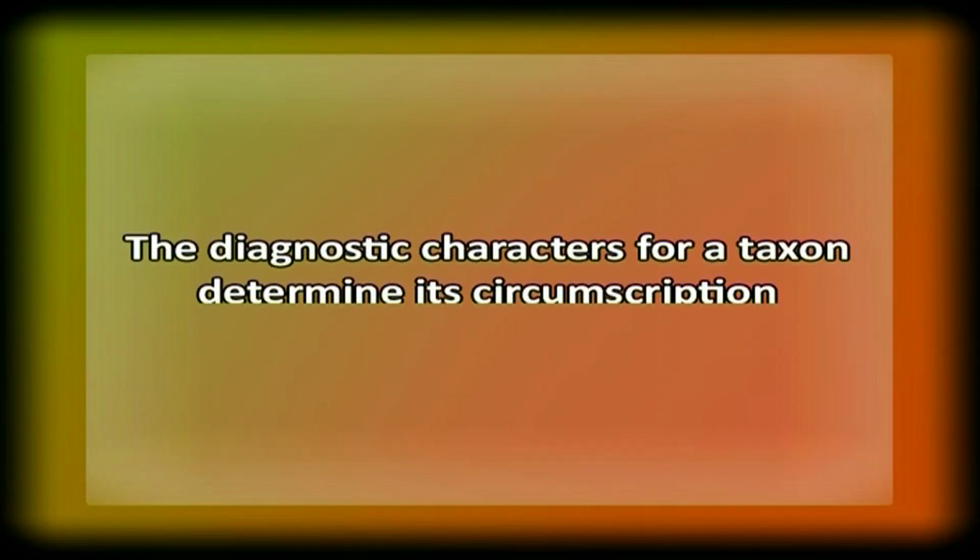A shortened description consisting of only those taxonomic characters which help in separating a taxon from other closely related taxa forms the diagnosis, and the characters are termed diagnostic characters. The diagnostic characters for a taxon determine its circumscription.